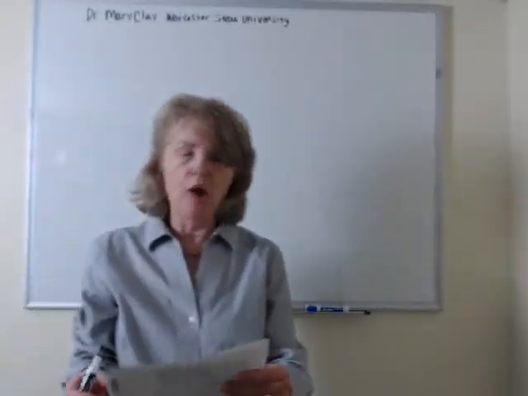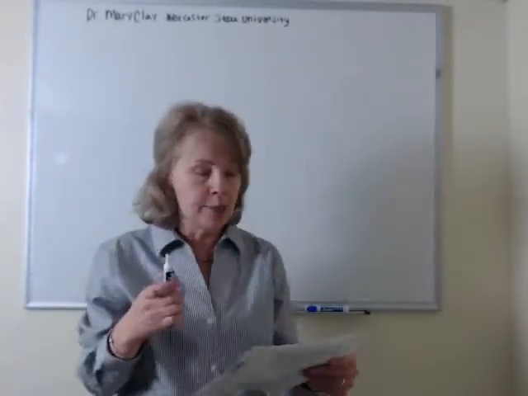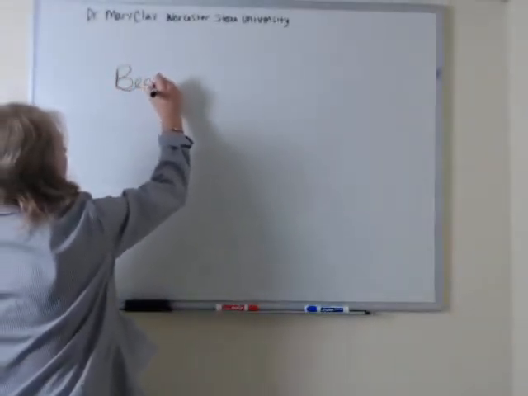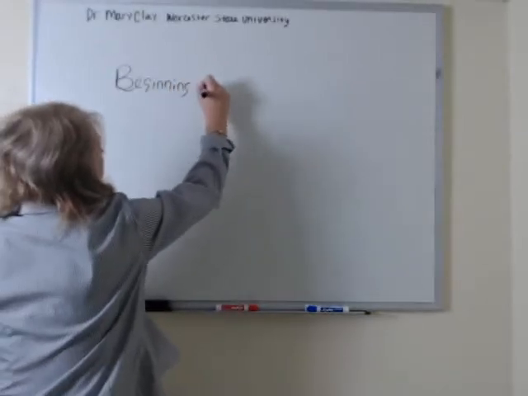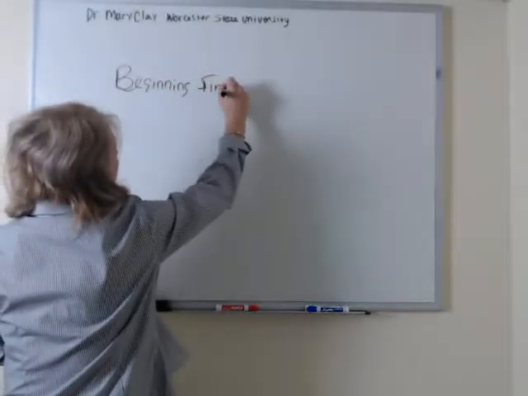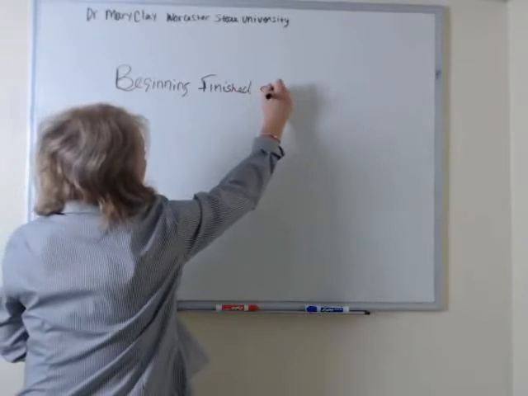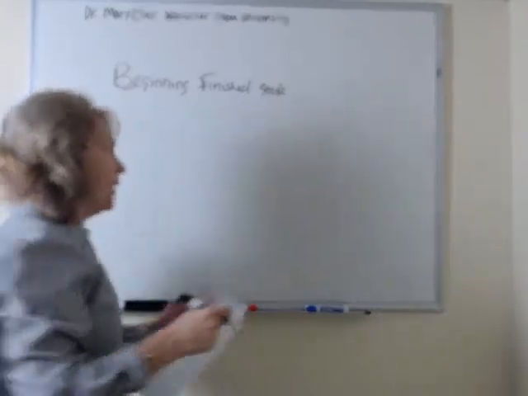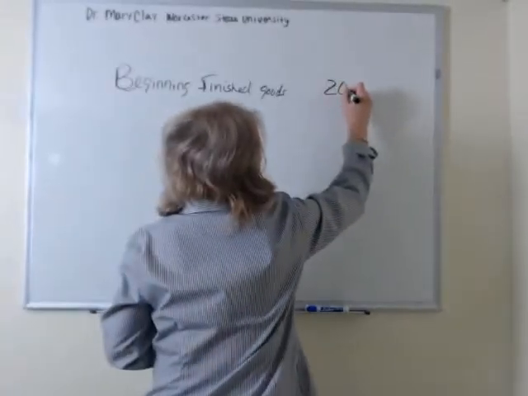I look at the problem. All right, so I want only to isolate the items that relate to finished goods. So I start with my beginning finished goods. And that is 20,000.